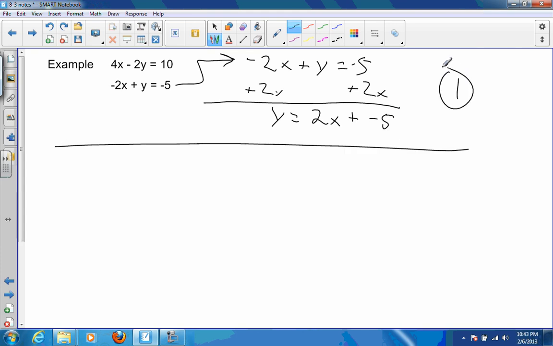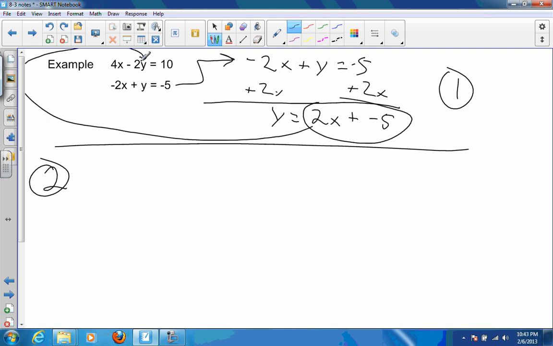Step 1 is done. Step 2 says to take this answer now and substitute it back into the other equation. So I'm going to take the 2x plus negative 5 right here and substitute it back into this equation right there. So step 2 looks like this: 4x minus 2 times 2x plus negative 5 equals 10.